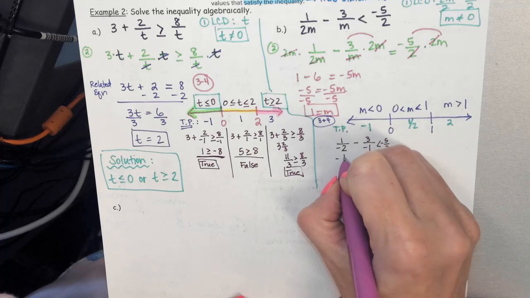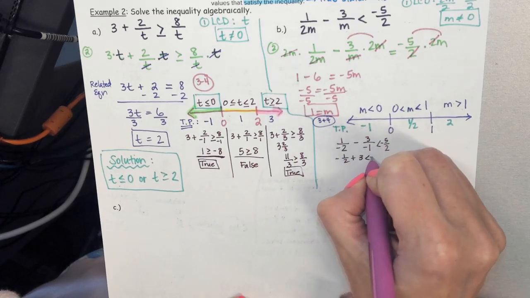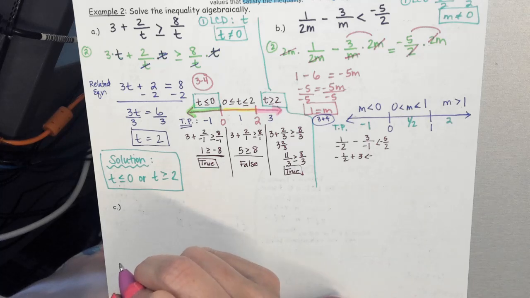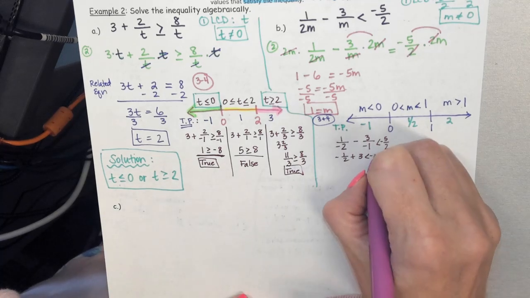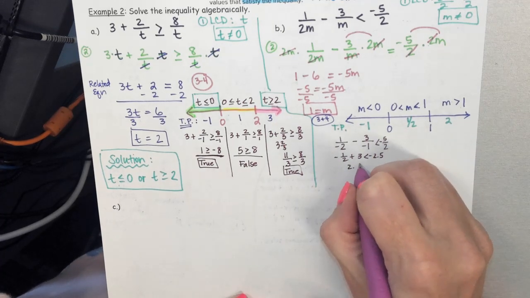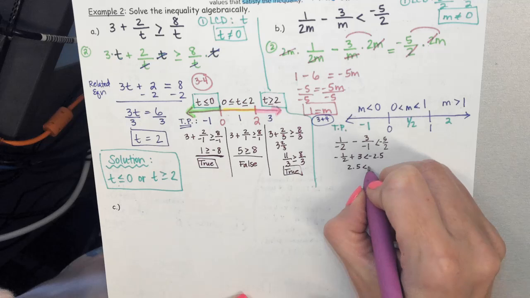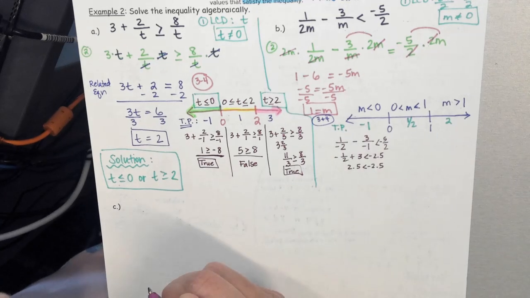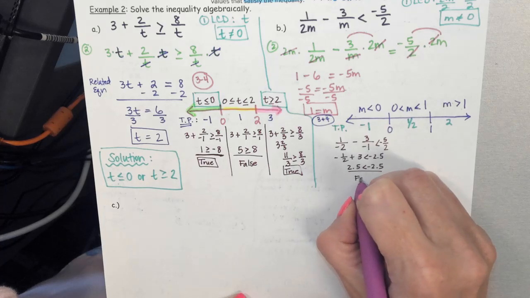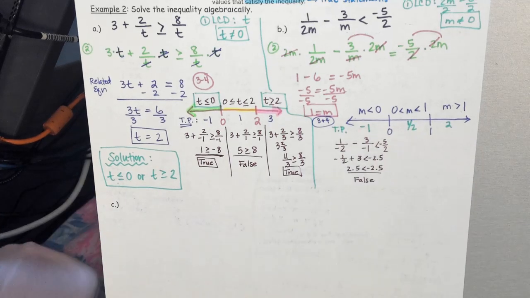So this is negative 1/2 plus 3. Do you guys know what negative 5 over 2 is as a decimal? Yeah, negative 2.5. And then negative 1/2 plus 3 is 2.5. So this is 2.5 is less than negative 2.5. Is that true or false? False. 2.5 will be greater than the negative.